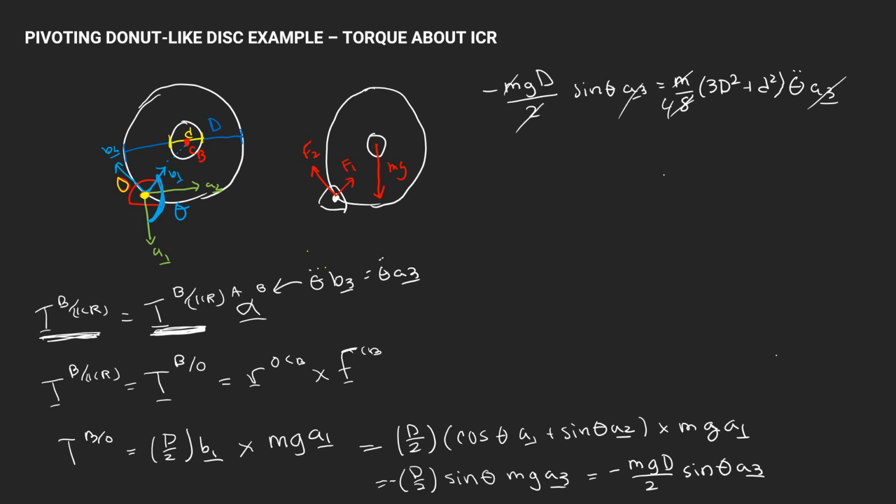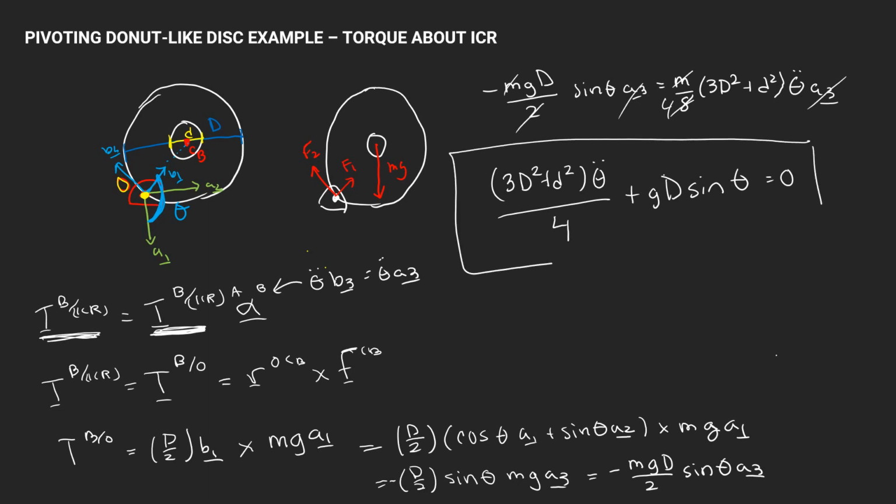And so now we can put everything over on one side, so we get 3D squared plus little d squared times theta double dot over 4, and then this term becomes a plus because we're moving it over, so then we get plus g d sine theta equals 0. And that is our equation of motion.